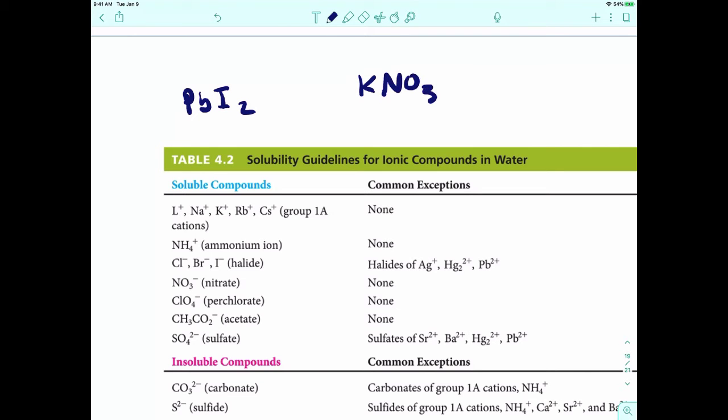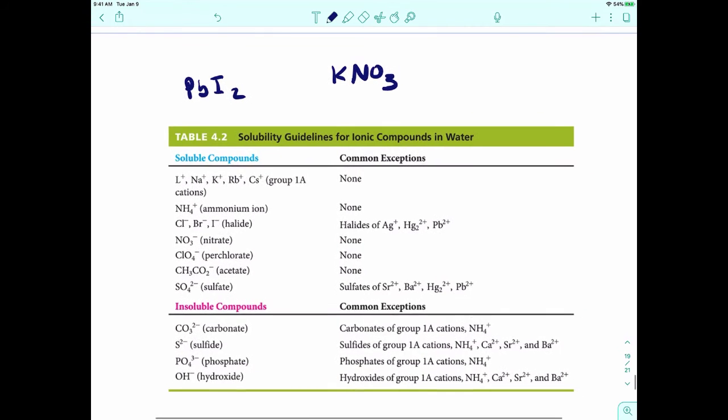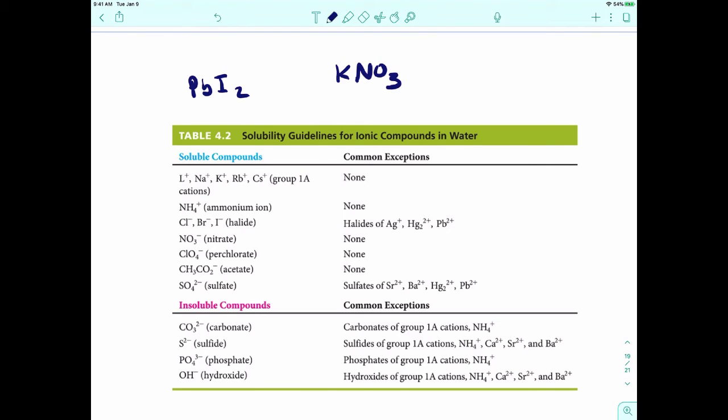Let me write these down just so we can keep them in mind. What we would do is take a look at the ions that we have in this compound. So you've got Pb2+, you've got I minus.